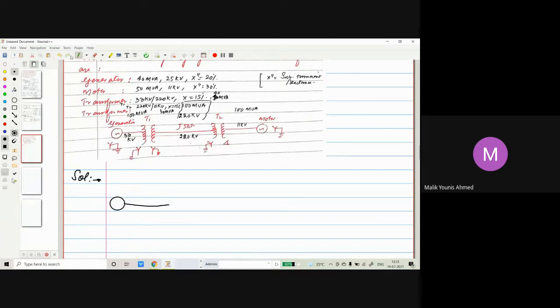Again, we have a motor. So this is your generator and this is the motor.